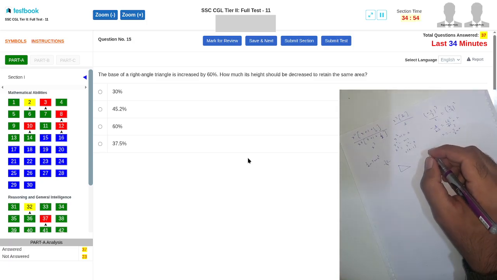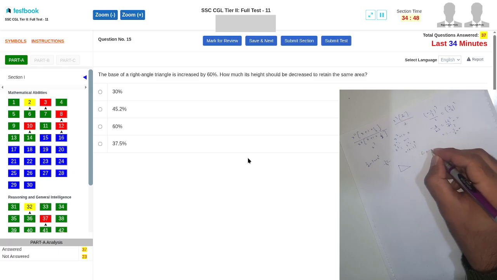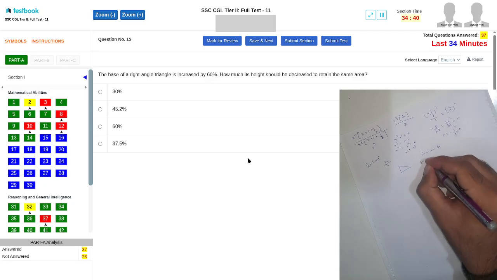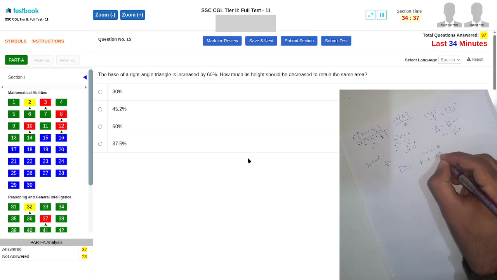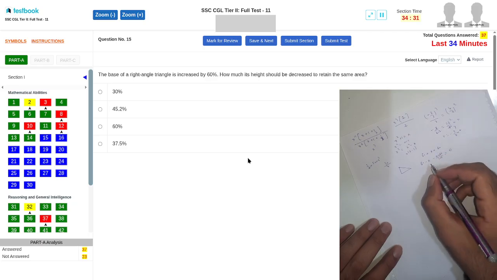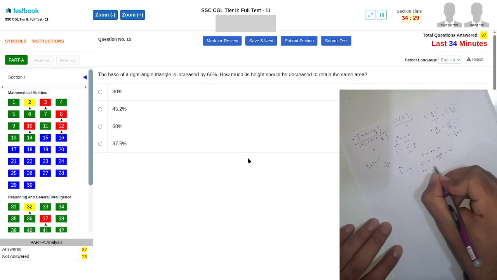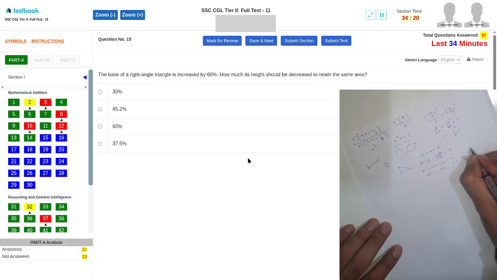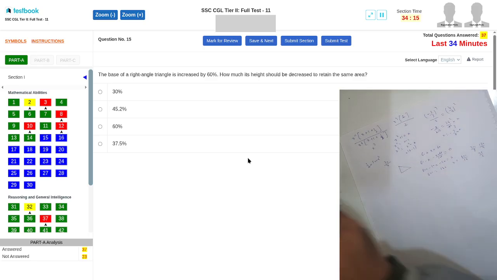Base into height. तो मतलब 60 plus x, 60 minus x into 60 upon 100 is equal to 0. तो 600 minus 10x minus 6x equals to 0. 60 is equal to 16x, x equals to 600/16, 300/8, 150/4, 75/2.